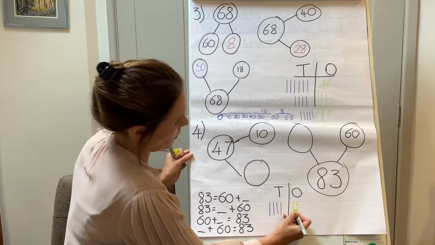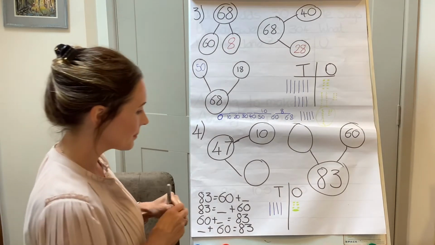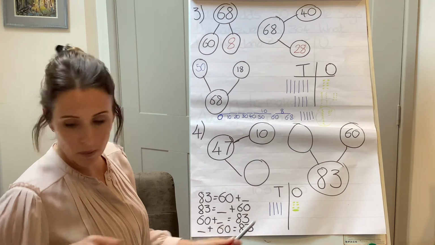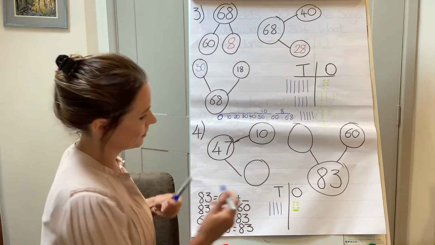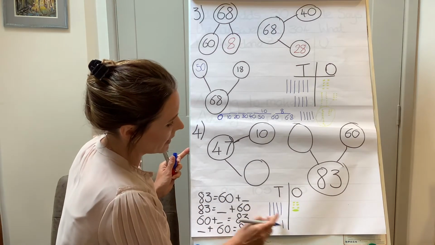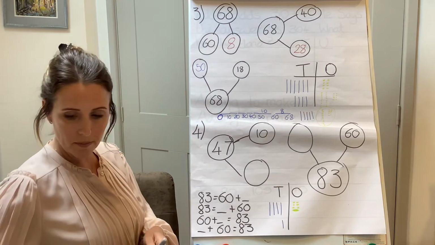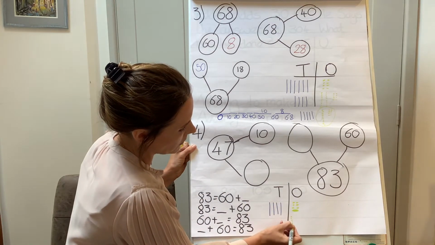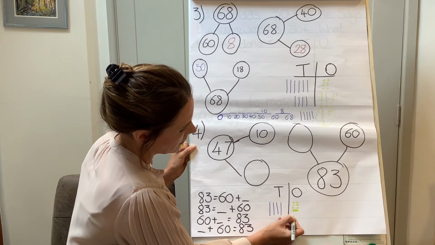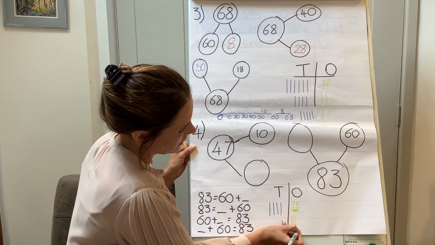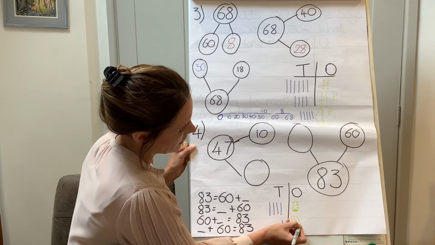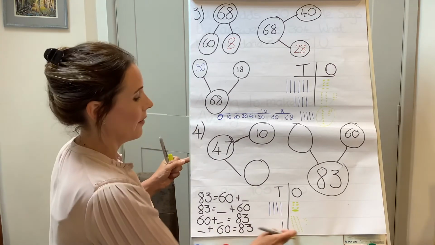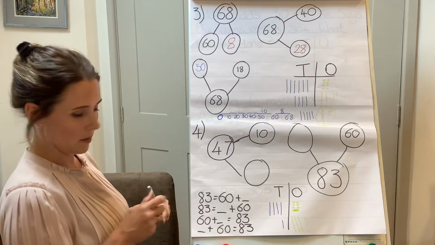Let's make it into one big one. 47. So what has happened here is we've just got 10 on its own. So that means the other 3 tens have become ones. So in the tens column, in the ones column, we have got 37 ones.